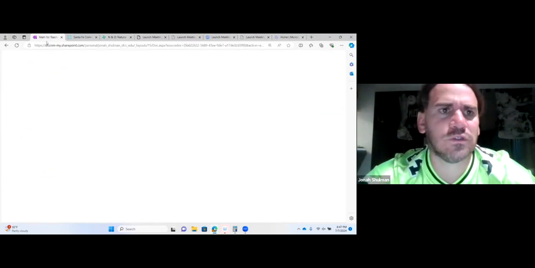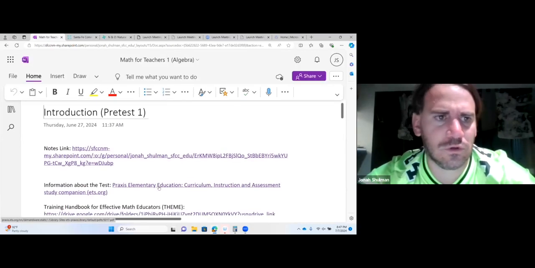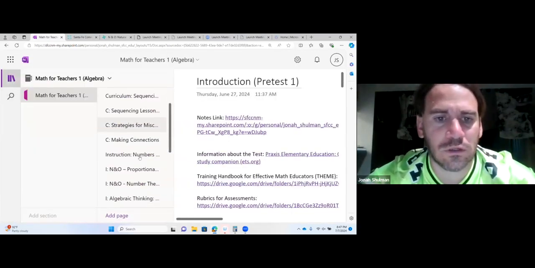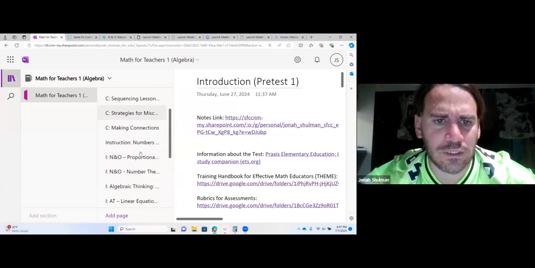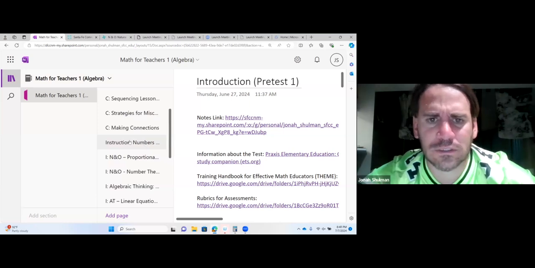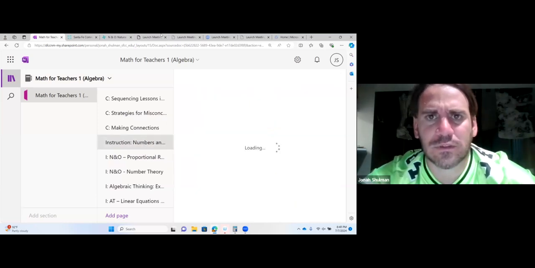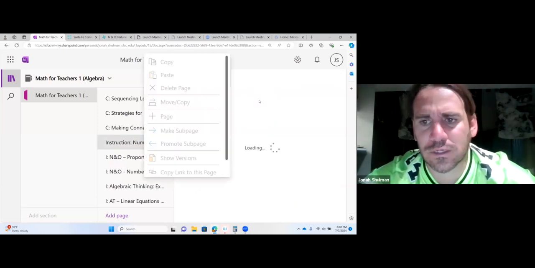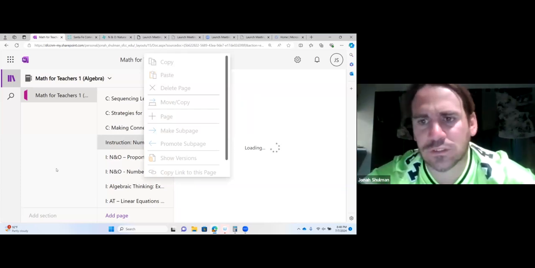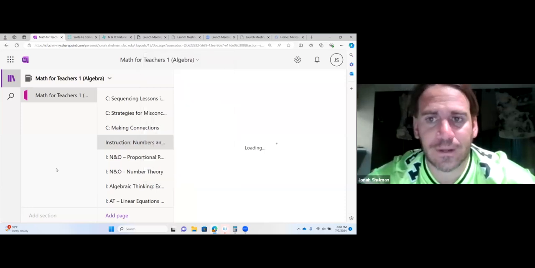So the first thing I'm going to do is go to this part of your notebook. We are here, 1D. It'll probably take a while to load because there's a ton in here. Remember, these are shorter than that first one that was forever long because I just wanted to show you so much.